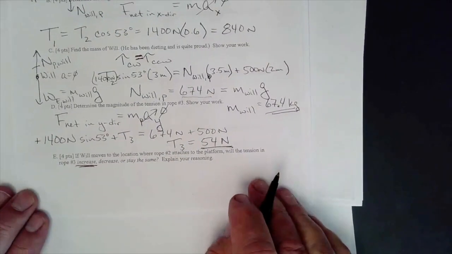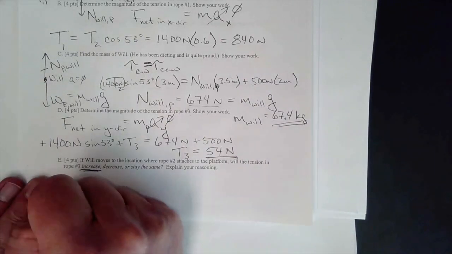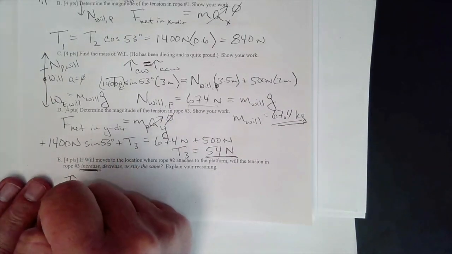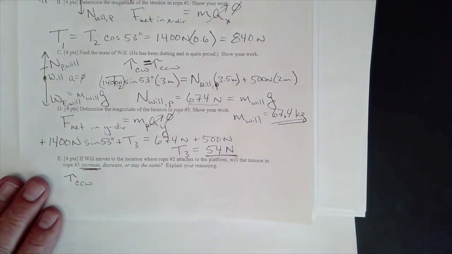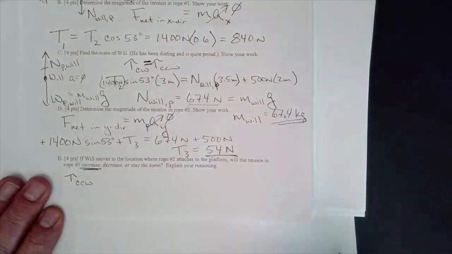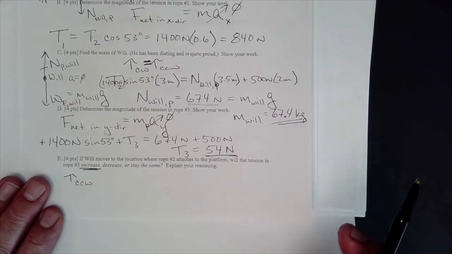And the reasoning, as I said, is a little bit sophisticated. If we look at the counterclockwise torque, well, that counterclockwise torque about the pivot on the right end was caused by Will pushing down and the weight force on the beam pulling down.